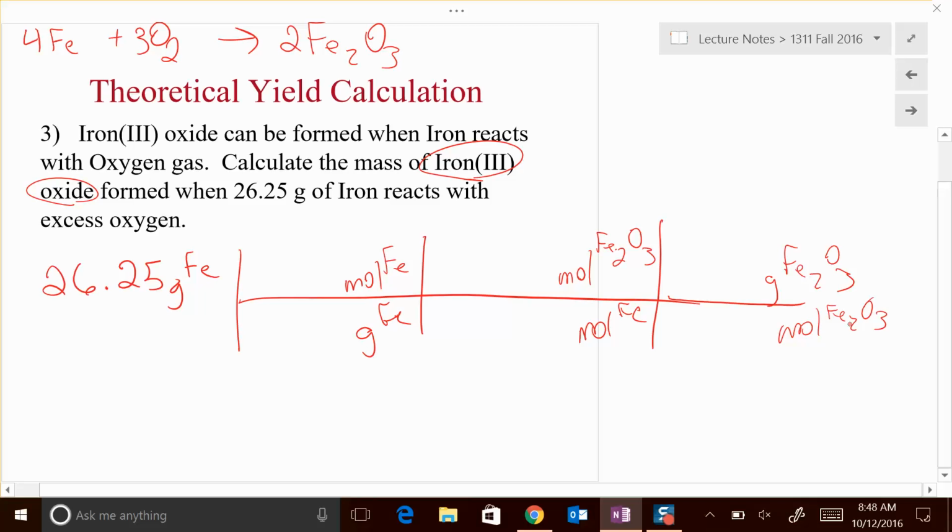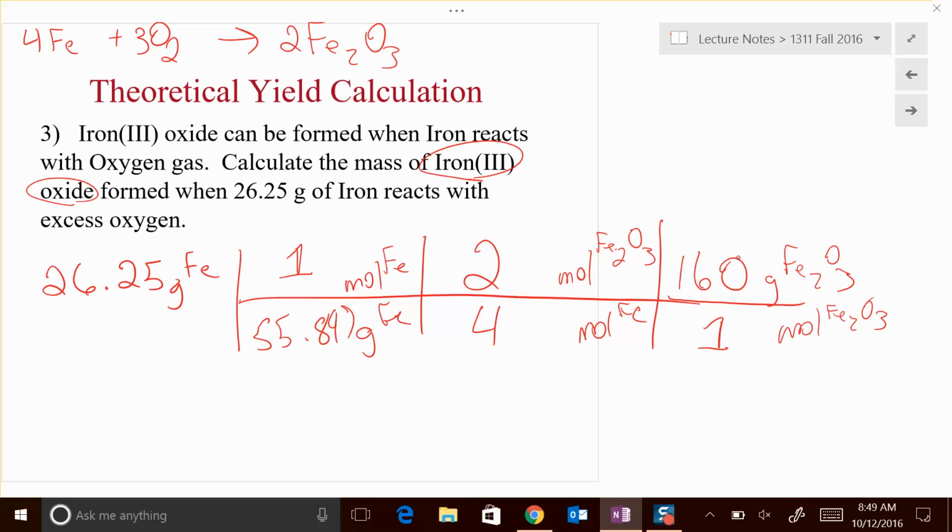For every 1 mole of iron, it is 55.847 grams. The stoichiometric mole-to-mole relationship is for every 4 irons, I have 2 iron 3 oxides. For every 1 mole of iron 3 oxide, it weighs 160 grams, approximately, or 159 something, whatever you found.